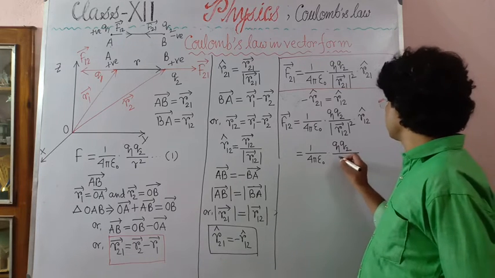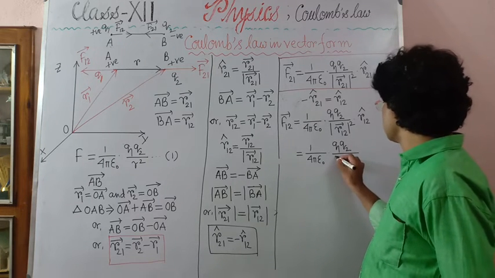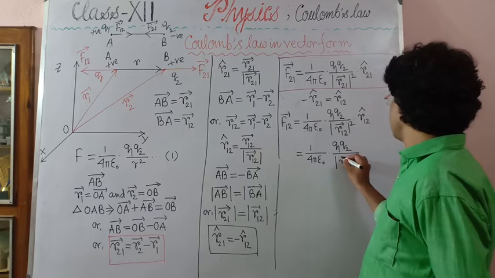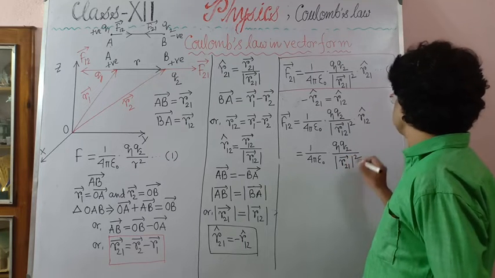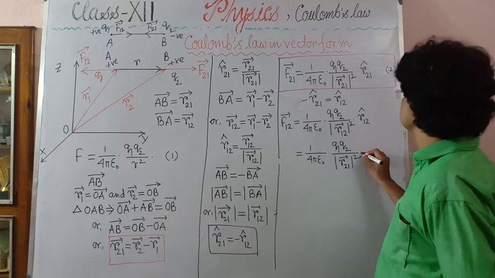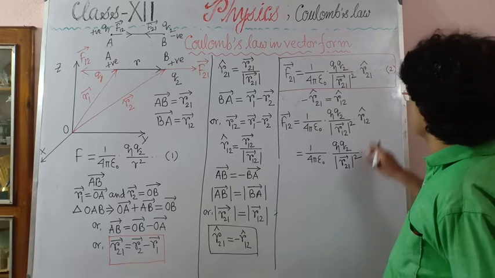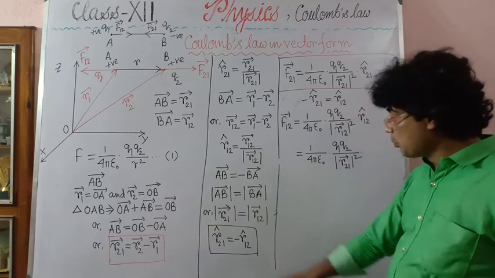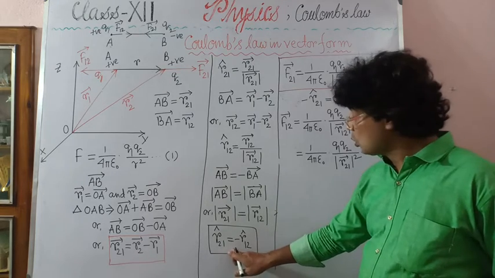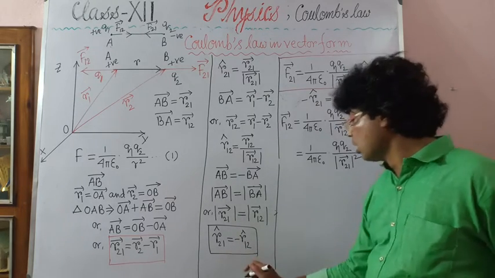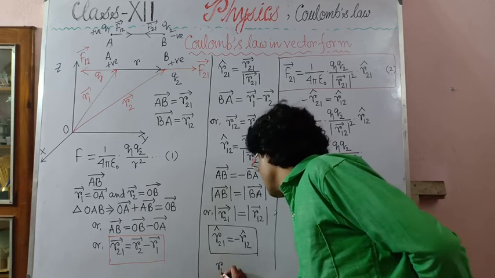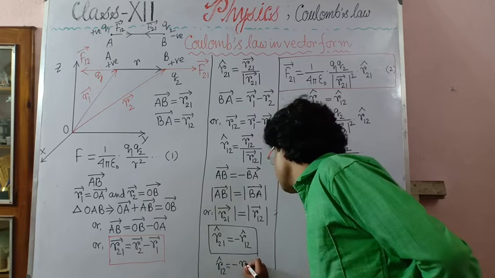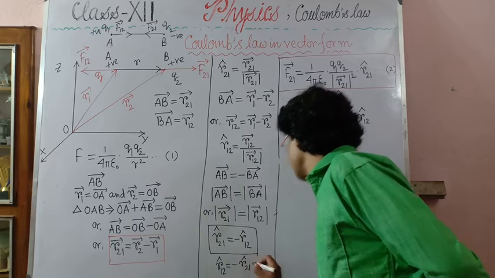So we can write this as R21 vector mod square and R12 cap. From this equation we can write R12 cap as minus R21 cap.